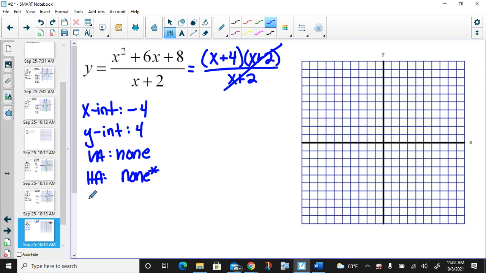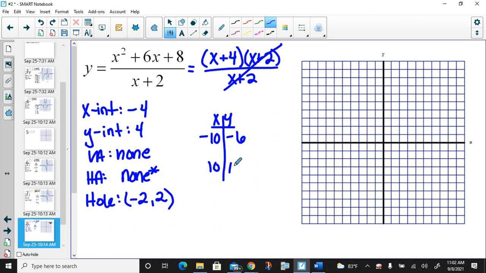All right. Do I have a hole? Yep. What's my x coordinate? -2. What's my y coordinate? 2. Very good. You really don't need any extra points here. But if you really wanted to, all right, -10 and 10. When you plug -10 in here, you're going to get -6.